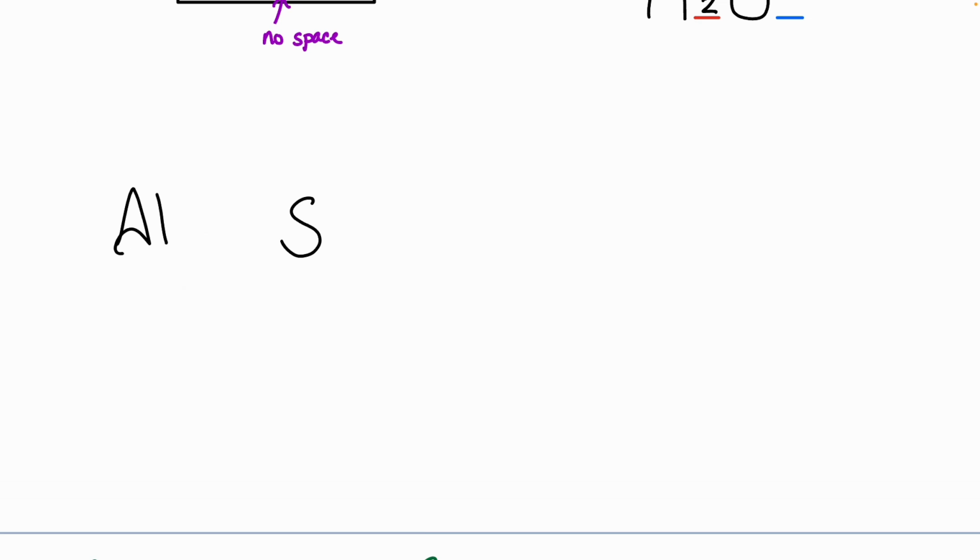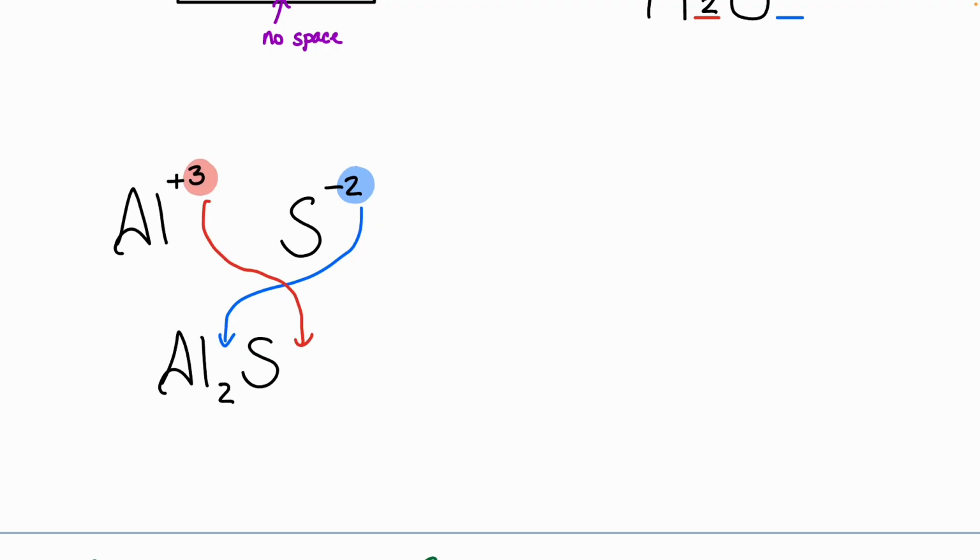All right, what should aluminum be? +3. And what should that sulfide ion be? -2. So now we're going to do our little swap and drop method. This 2 is going to swap, come down here. So I have 2 aluminums, and I have 3 sulfurs in this chemical formula.